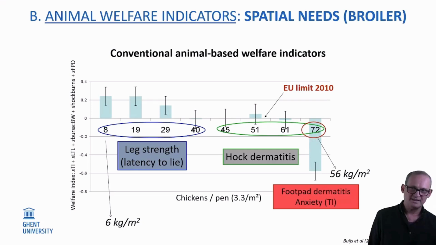You can also see that in the beginning, there is an effect on leg strength and latency to lie. Later on, you see an effect on the hock burns, and even further at very high densities, you see a big effect on the foot pad dermatitis and even on the levels of fear as measured by the tonic immobility.